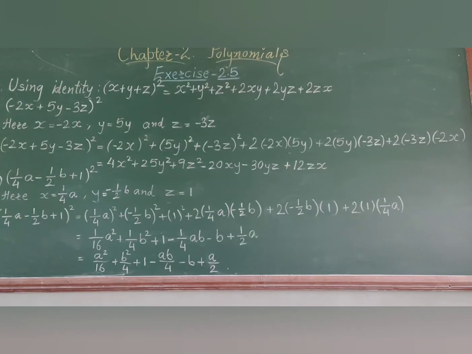Question number 6. 1 upon 4a minus 1 upon 2b plus 1 whole square. Again compare the given question with our identity. That is, value of x will be 1 upon 4a, value of y will be minus 1 upon 2b, and value of z is 1.